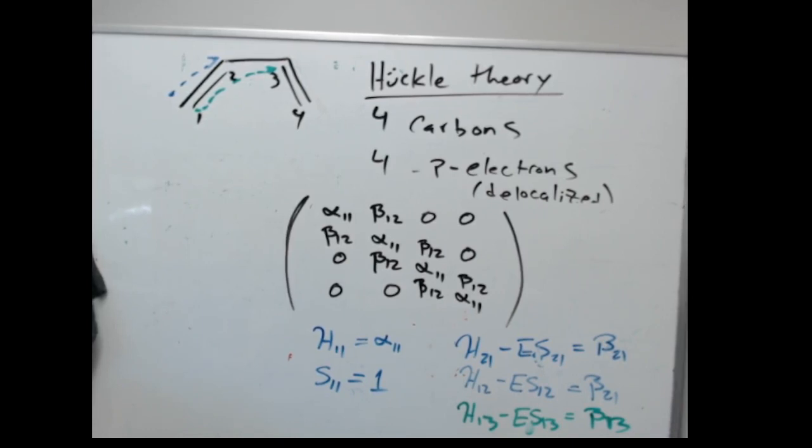Typically, it's going to be a much smaller energy. Right, the alpha terms are usually pretty large. The beta terms are a small correction to those alpha terms. And then if we had these second beta terms, these beta 1, 3 terms, those end up being a small correction onto the correction.